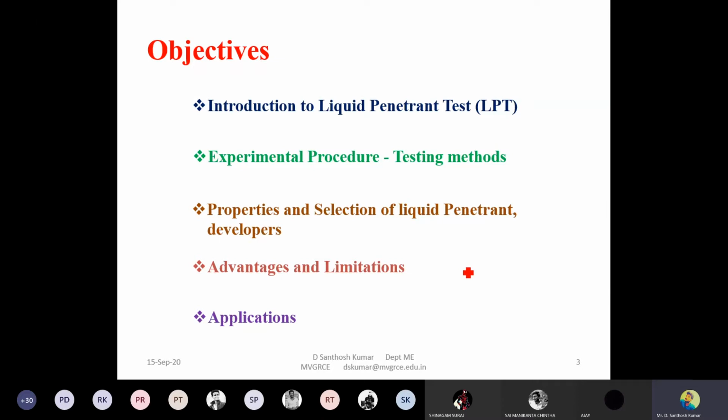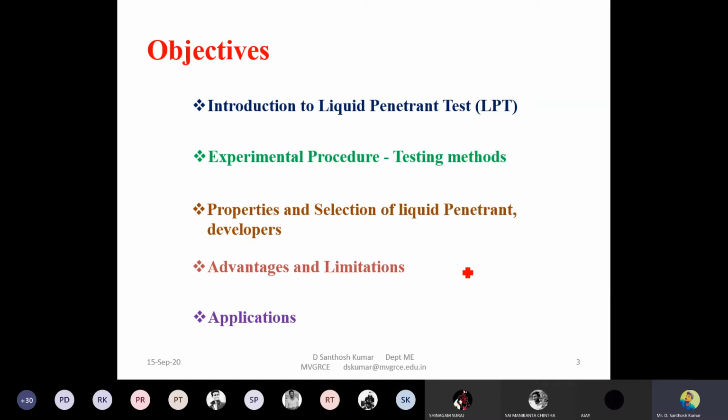This is a very good method, one of the cheapest NDT methods after visual inspection. But still, each and every testing method has its own limitations. We will discuss those limitations and also the advantages of the liquid penetration test.